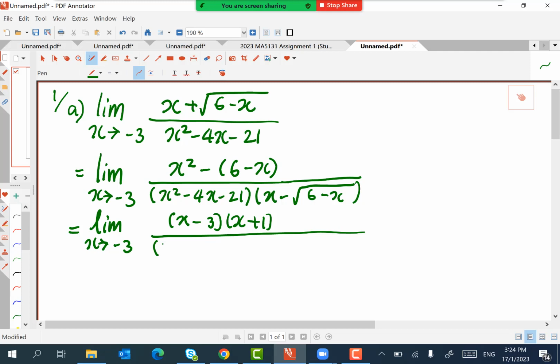So it's a plus and a minus, right? It factorizes into x plus 3 and x minus 2. Yep, minus 2.